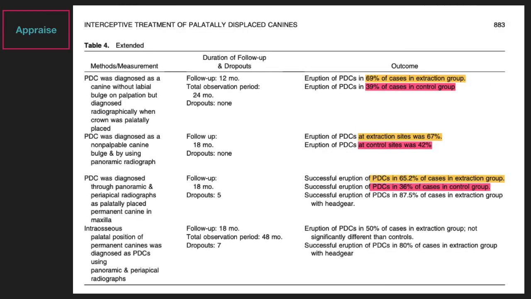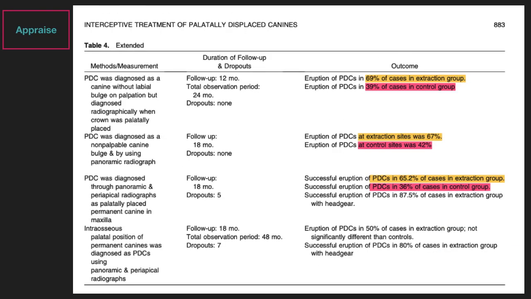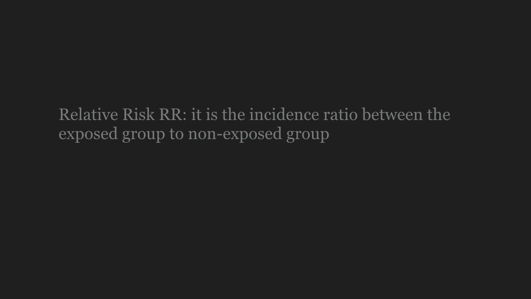The results: the eruption of the palatally displaced canine in the extraction group in the Naumova study is 69%, but the eruption of the palatally displaced canine in the control group is 39%. To know more than that, I should go to the relative risk.